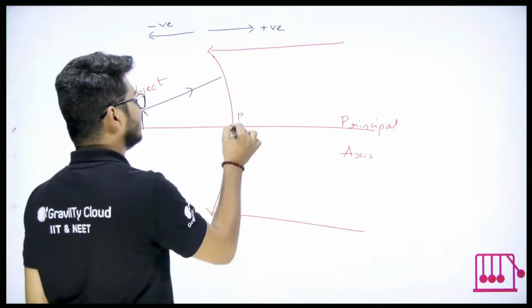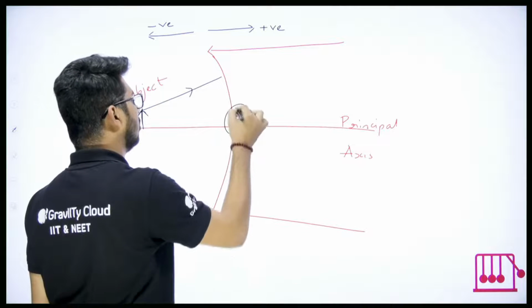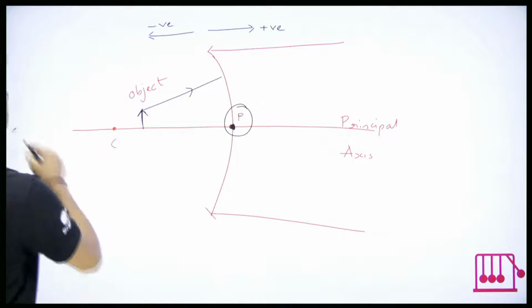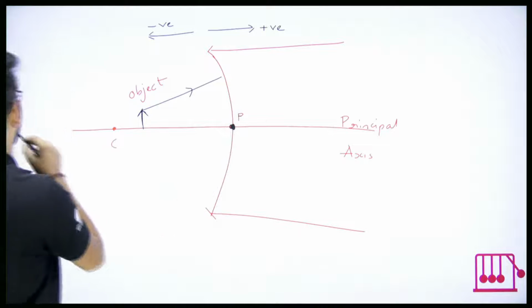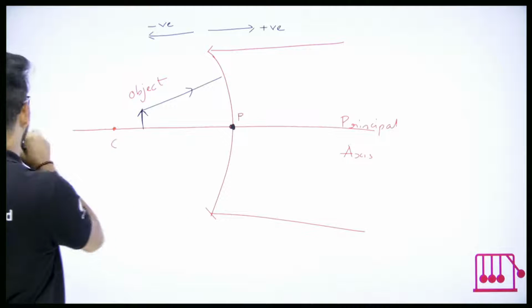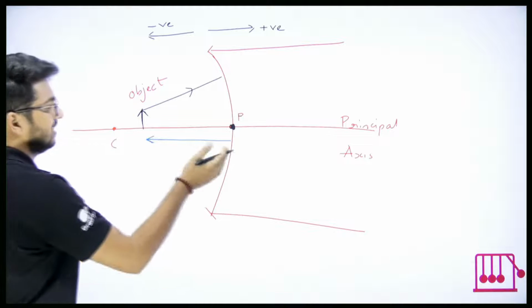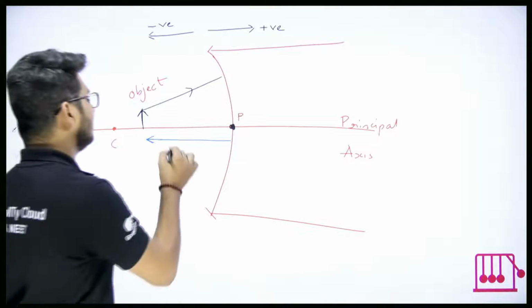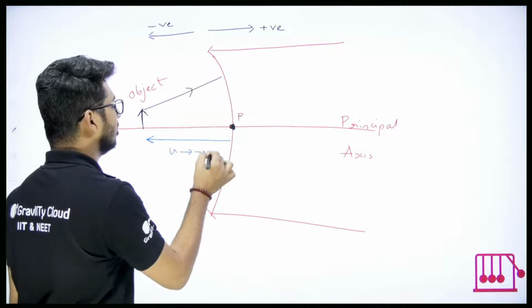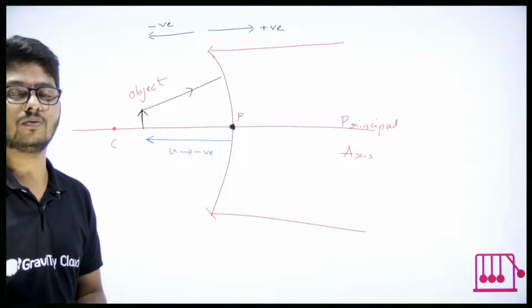And the distances are measured from this point, pole, always. So if I look at the object distance from pole to the object, it is towards left. That means U is negative, object distance is negative.